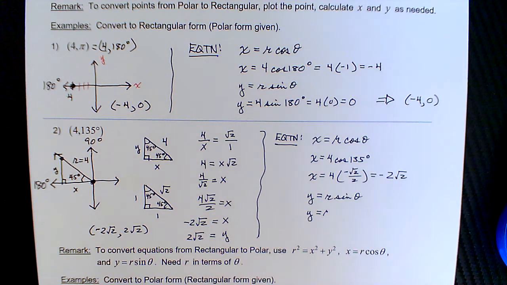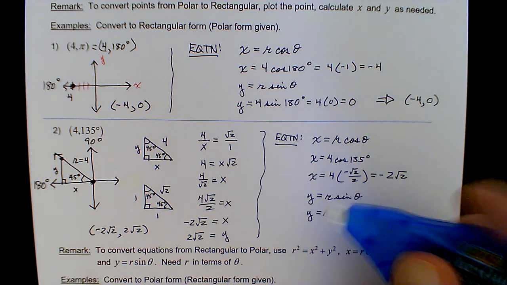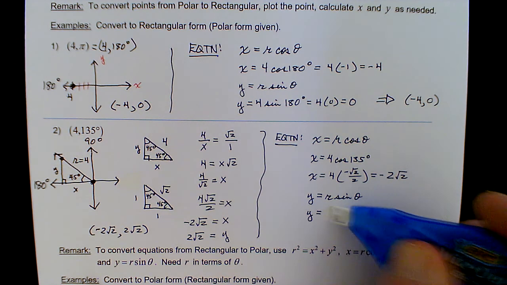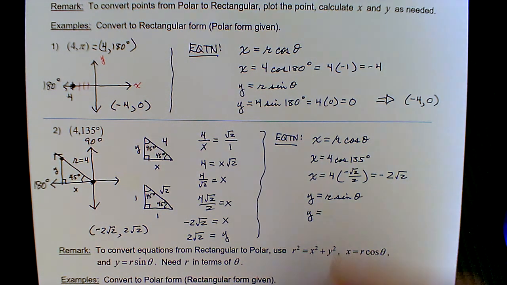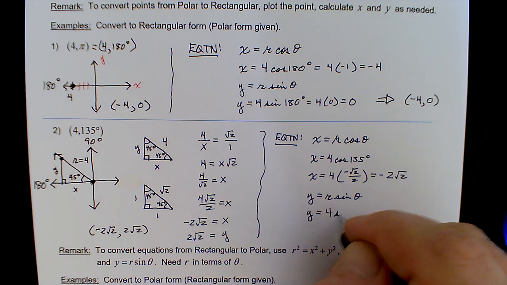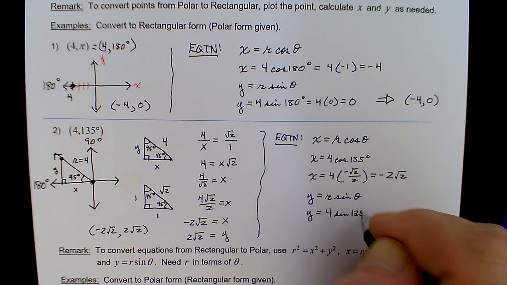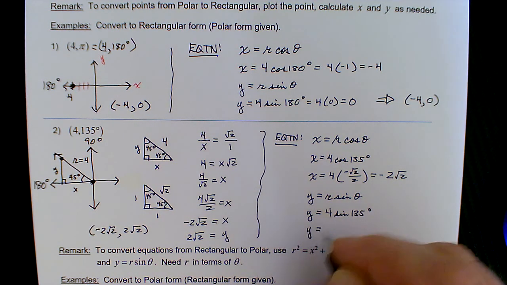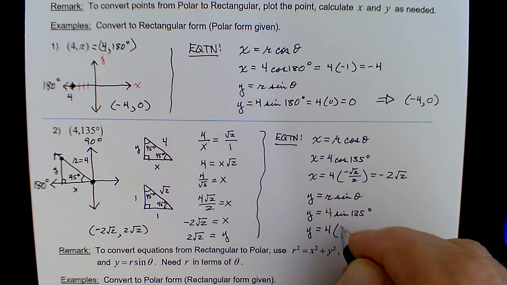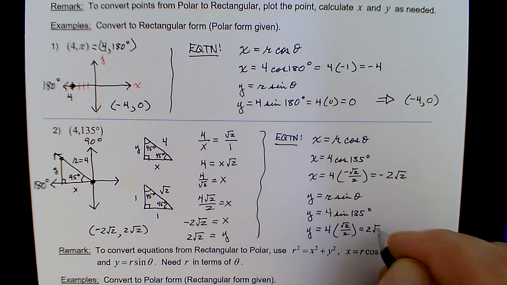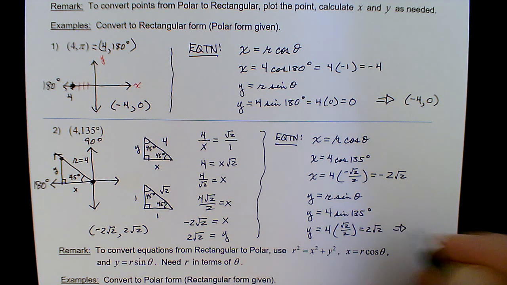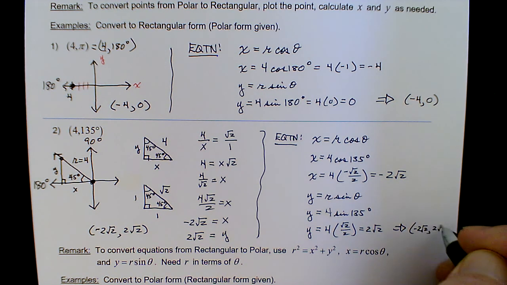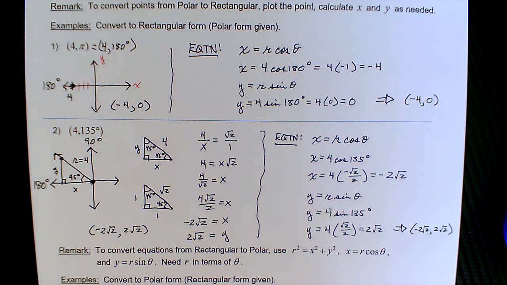Again, just plug them in. The sine of 135 is radical 2 over 2, so 2 radical 2, and of course we get the same point, negative 2 square roots of 2 and 2 square roots of 2.